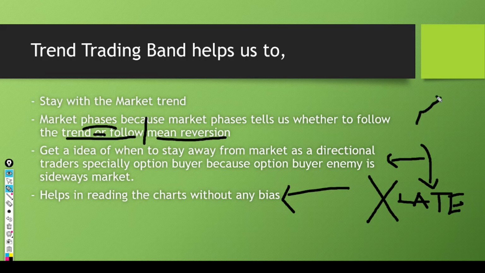Once the price moves, then only the indicator will move. That is late. If you are late in intraday, it is a problem for an intraday trader. Very important is timing. Timing the market is very important. That is where this TT band will help us in reading the chart without bias.